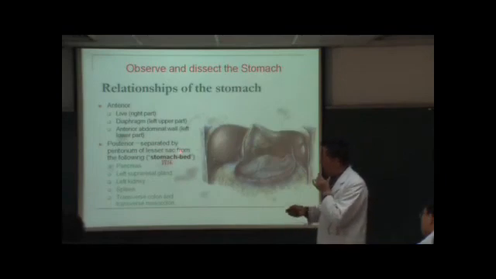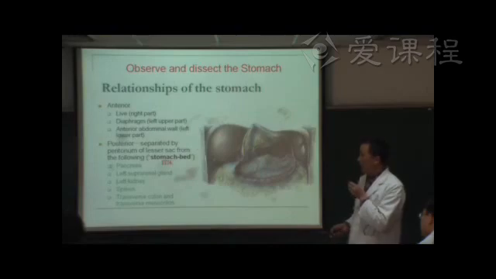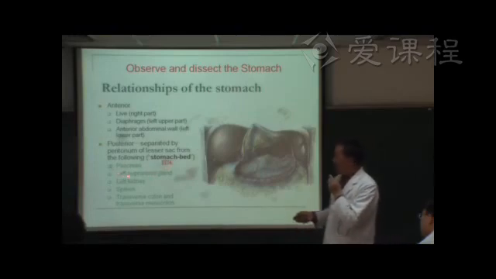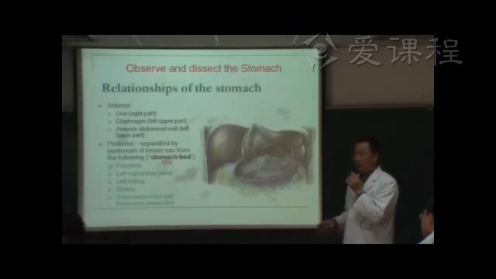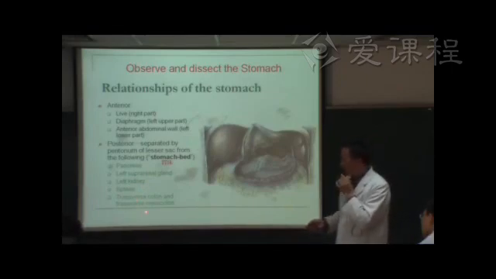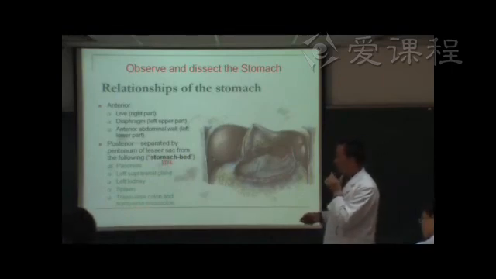The structures which form the stomach bed are the pancreas, the left suprarenal gland, the left kidney, the spleen, the transverse colon, and the transverse mesocolon. Read the names.